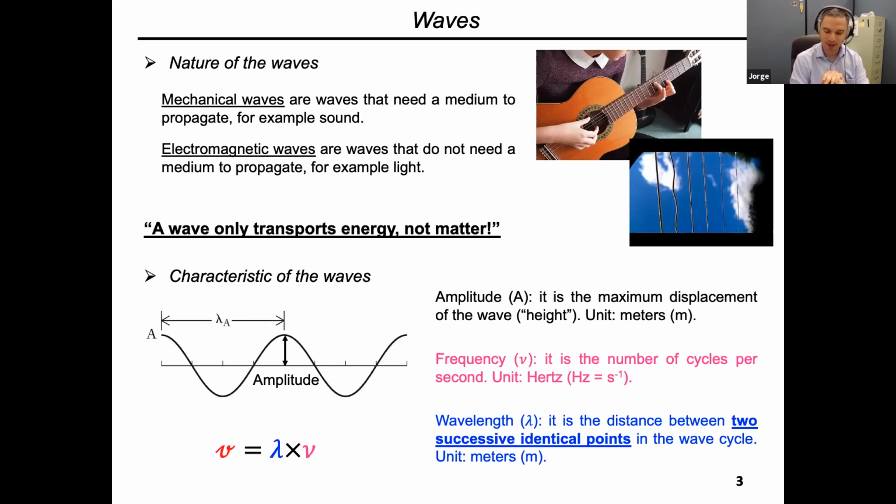So the light from the sun hits the earth because light is an electromagnetic wave. And that's the difference between mechanical and electromagnetic waves. One needs a medium to propagate, the other one does not.